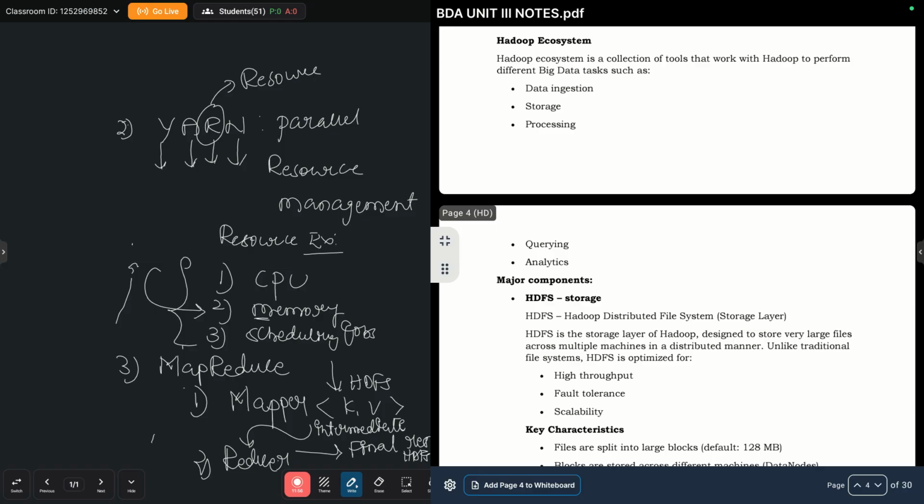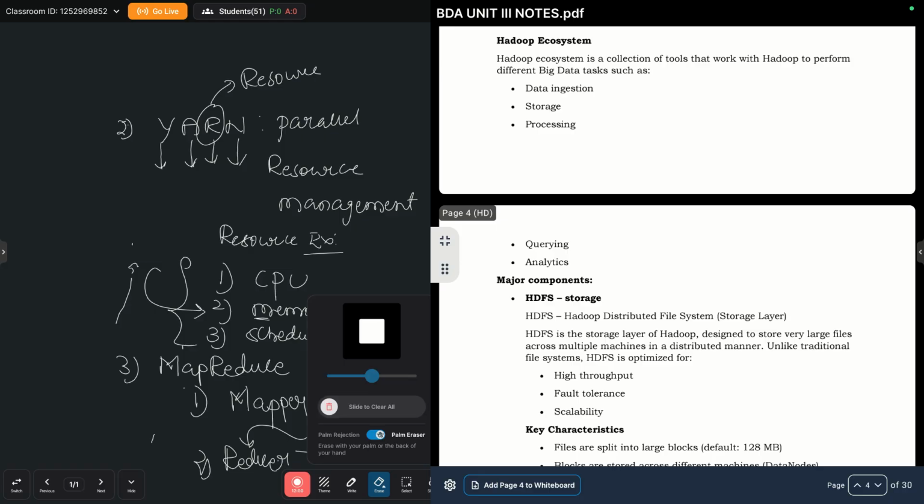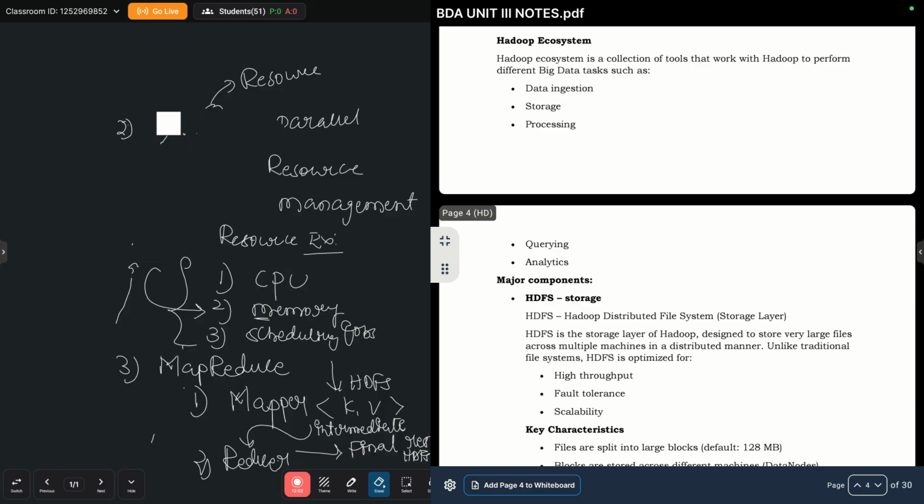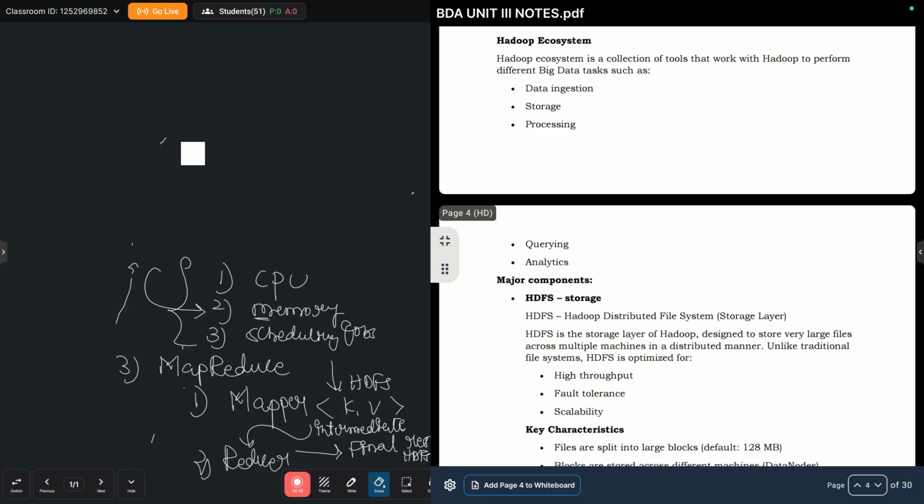Okay. Now coming to Hadoop ecosystem, right. So what is Hadoop ecosystem? So Hadoop ecosystem is nothing but a collection of tools that work with the Hadoop framework to handle big data.